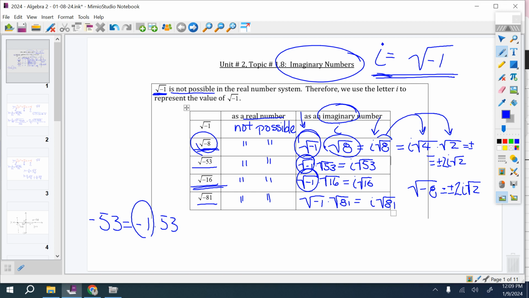And the square root of 4 is plus or minus 2. And we have the square root of -1, which we're calling i. And then we're left with the square root of 2. So that gives us the square root of -8 is equal to plus or minus 2i times the square root of 2. That's what the square root of negative 8 is.